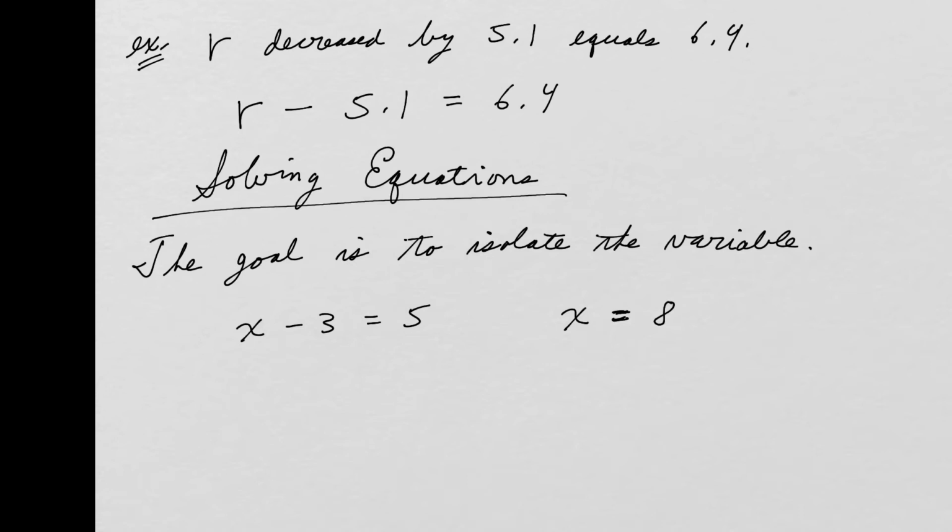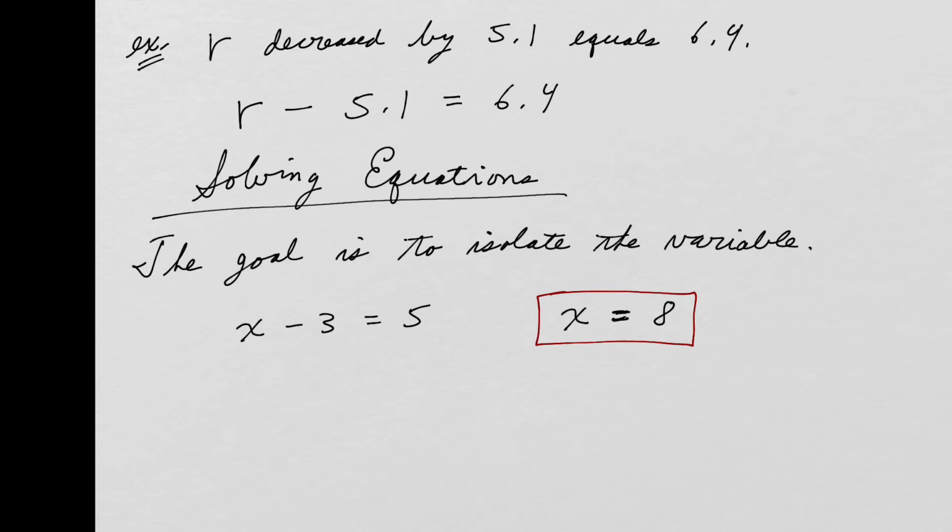And notice that this one is much easier to see the answer. If I plug in 8, then it tells me that 8 equals 8. That's true. So x must be equal to 8. In fact, the way it's written right there, since the x is isolated, we can just read off the value. So x equals 8. Really what you're doing is plugging in 8 and showing that it's true.